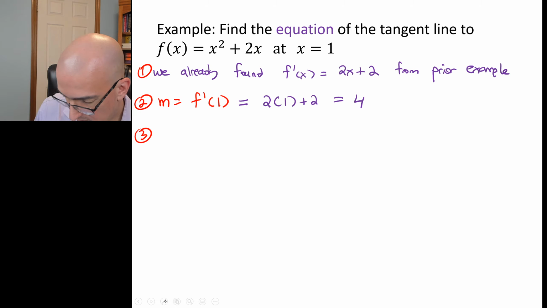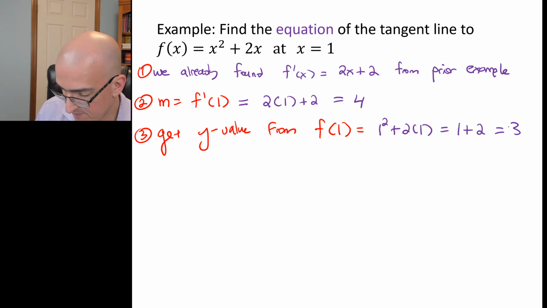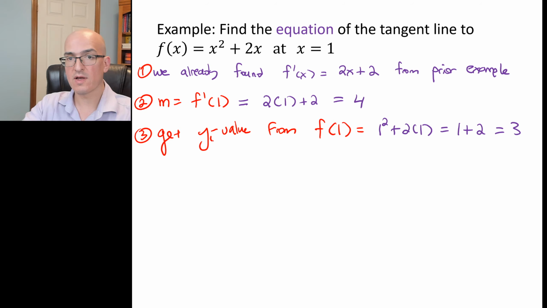Step 3, we have to get the y value from f of 1. That's 1 squared plus 2 times 1, which is 1 plus 2, which is 3. And I'll call this the y1 value. This is the y-coordinate corresponding to the x-coordinate of interest.